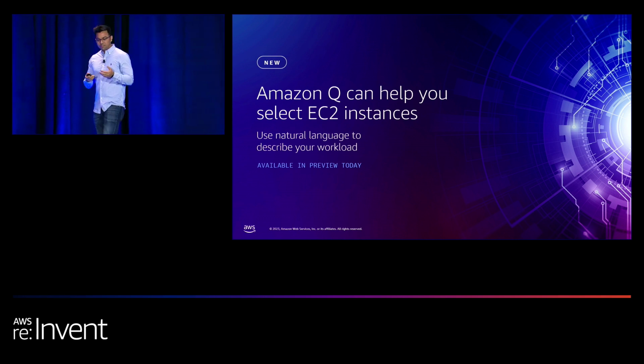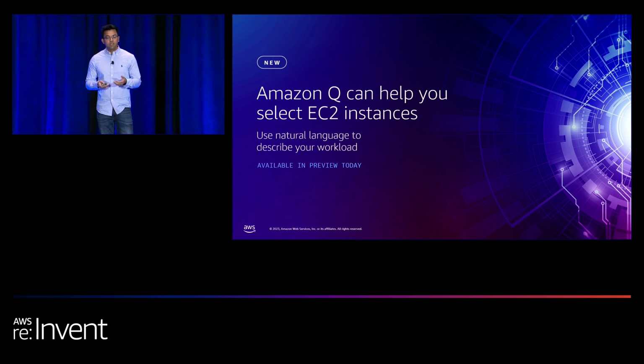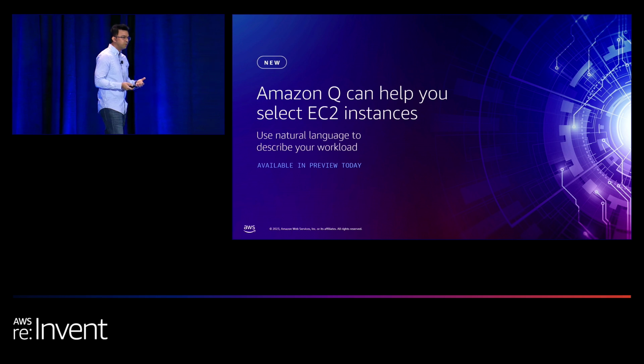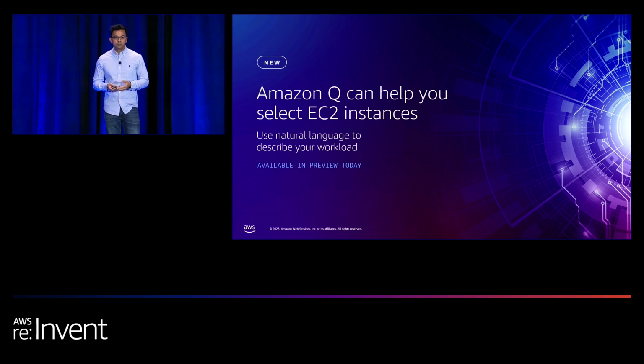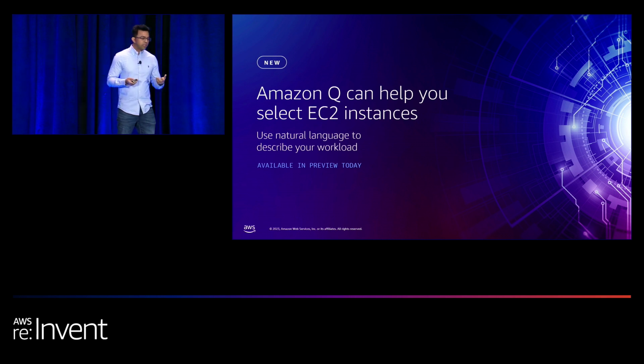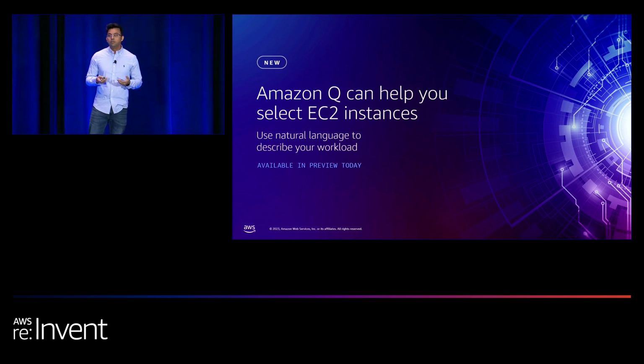So we have solved that using Amazon Q. Amazon Q is our generative AI-powered assistant, and it analyzes our years of data on instance offerings. Based on simple input from you on your workload, you can tell us that you are working in the gaming industry and want to spin up an encoding or transcoding workload, or that you are working in machine learning and want to create a deep learning workload.